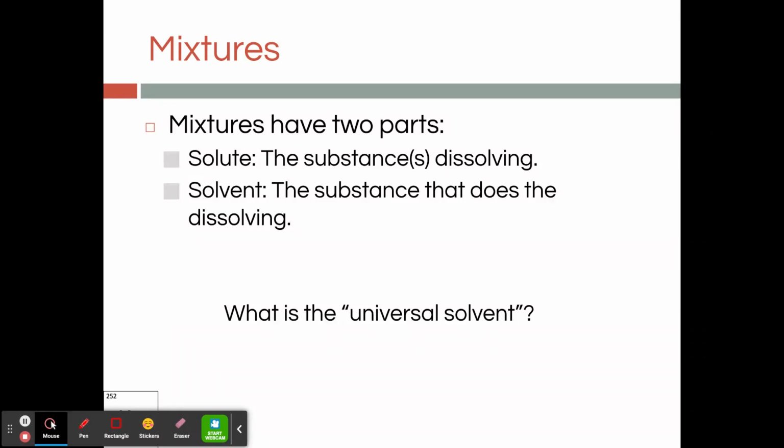If I had Kool-Aid, my powder would be my solute because it will be dissolved. And again, the water would be the solvent because that will dissolve the powder. So my universal solvent on this planet is going to be water. Water is our universal solvent for this planet.